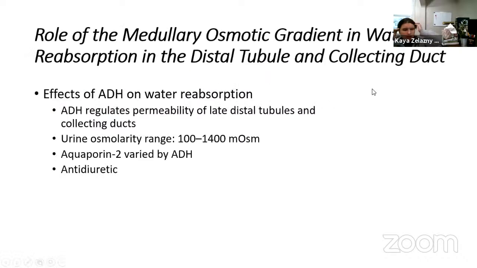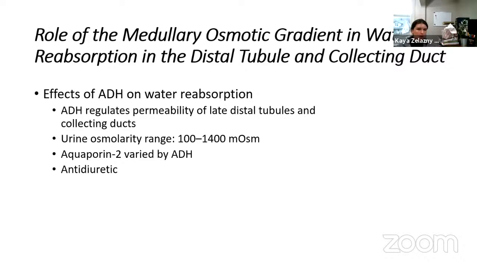Okay. So ADH is regulating the permeability of both the later part of the distal tubule and the collecting duct. What it's doing is varying how many aquaporin II transporters we have in these areas. It's not an on or off switch, is what I want to say to you. We can vary the urine osmolarity in a range from 100 to 1400 milliosmoles.